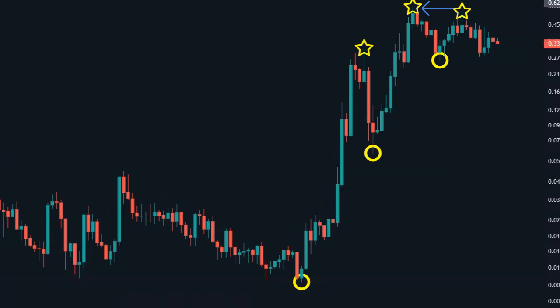For this to be the start of a downtrend in Unibright, we would need a low lower than the previous one, something like this. And since this low is still higher than the previous low, the uptrend is still not broken. So, long story short, Unibright is still in an uptrend.